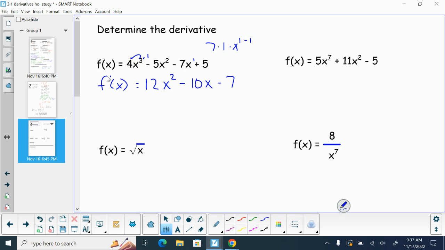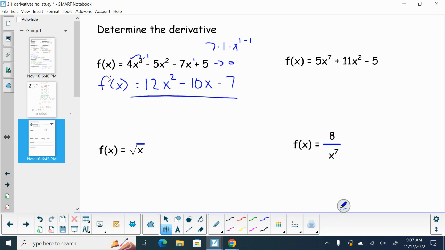I'm still following the power rule here. I'm taking the exponent and moving it out front, so I have 7 times 1, and then I'm dropping the exponent by 1. So I have x to the 1 minus 1 power, which is x to the 0th power, which means I don't need to write it. Then I have the derivative of my constant, which we just said is going to be what? 0. So this goes to 0.